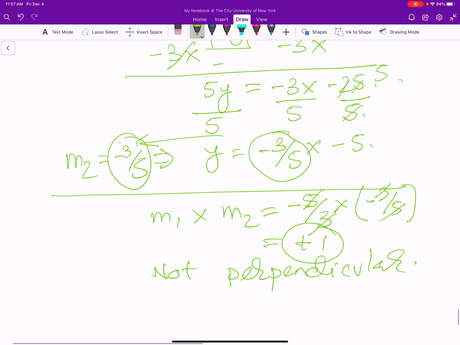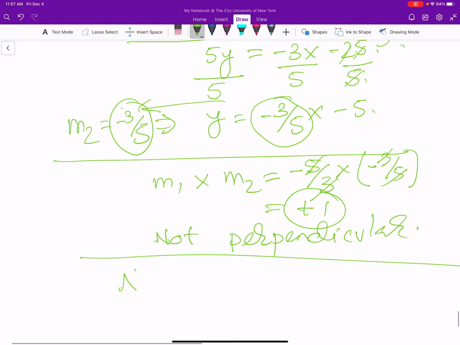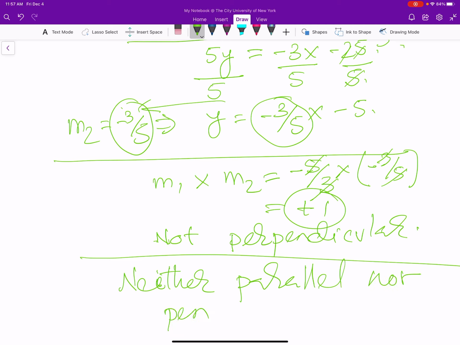So we say they are neither parallel nor perpendicular. If they had resulted in negative 1, we could say that they are perpendicular. That's it.